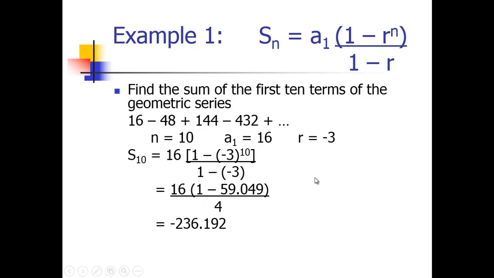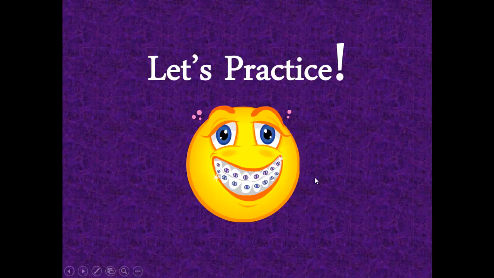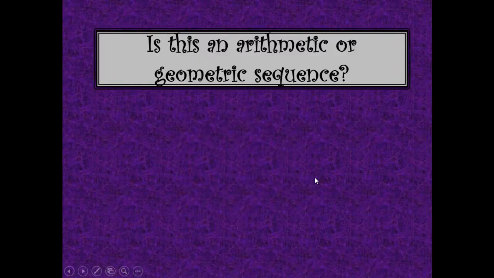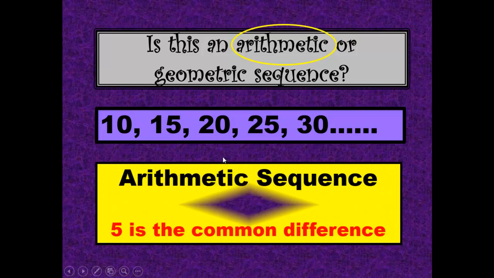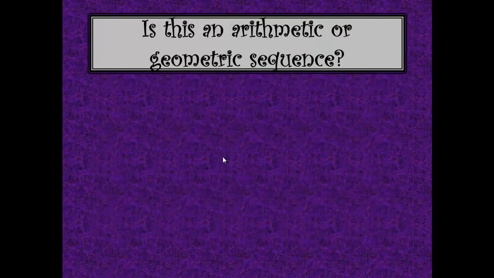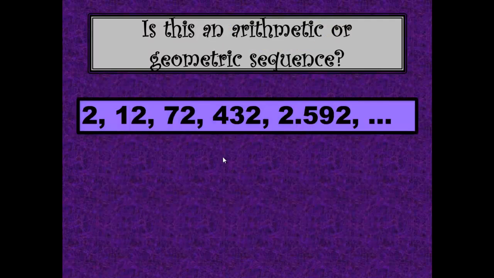Now, let's practice. Just look at the sequence, guys. It is an arithmetic sequence because it has the same common difference. Is it arithmetic or geometric, guys? Right, it is geometric because it has a common ratio.